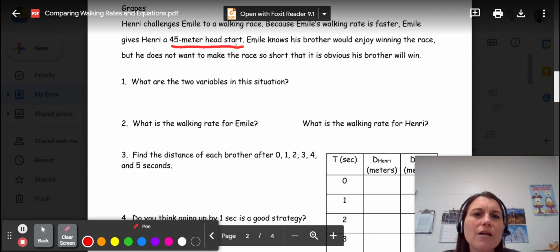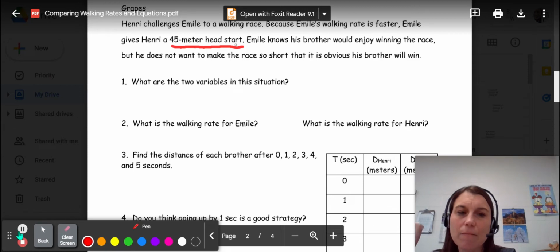And that makes sense. So what we want to figure out is at what point would they tie? Would they be at the same spot? You have some questions here, like what are the variables in this situation? Why don't you answer those questions and pause and come right back?